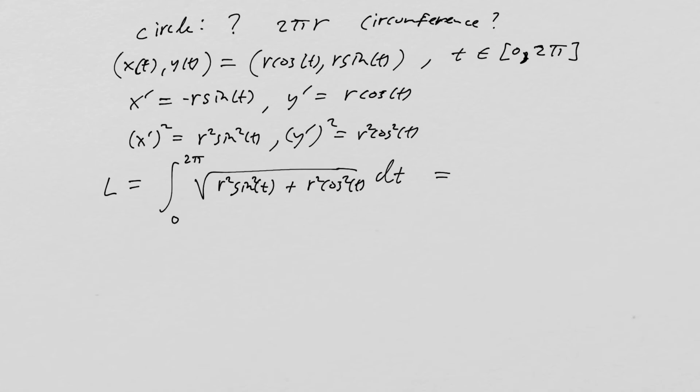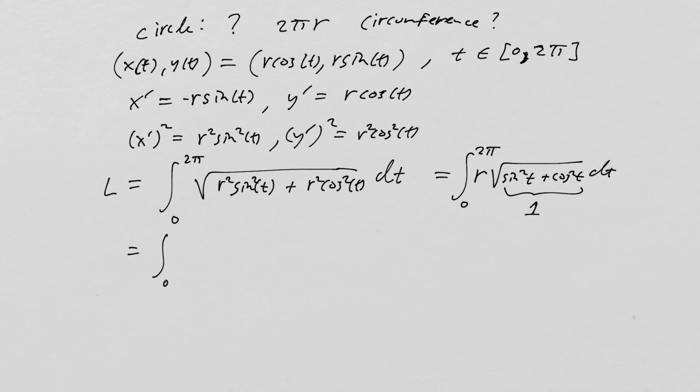And what we're going to do is, of course, factor out the r squared from the square root. There'll be an r squared, but when we pull it out, the square root will take care of the square. And we have sine squared t plus cosine squared t. And we have, of course, another identity here, that sine squared plus cosine squared is equal to 1.